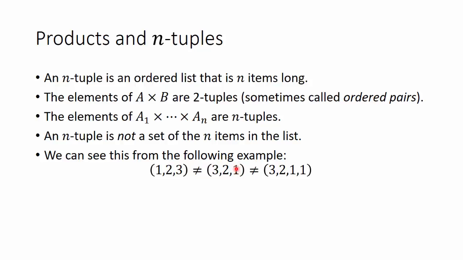And 3, 2, 1, the ordered 3 tuple, is not the same as the ordered 4 tuple 3, 2, 1, 1. Again, unlike a set, repetition matters, order matters. So an n tuple is an ordered list that is n items long. And when you take the product of n sets, you get a set whose elements are n tuples.